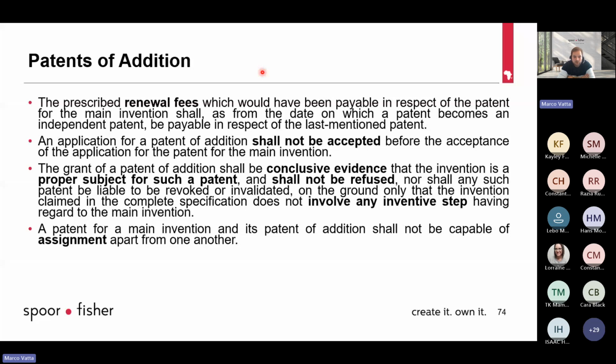Then it is also not possible for the main invention to be considered not inventive against the additions to or improvements to the invention. So the first filed patent or patent application is not considered novelty destroying.